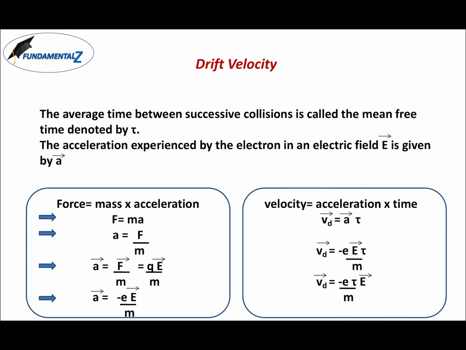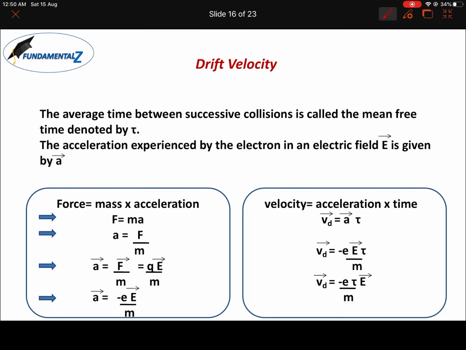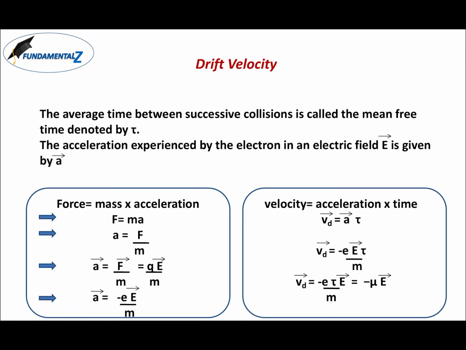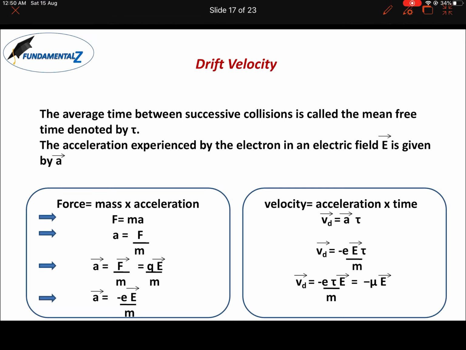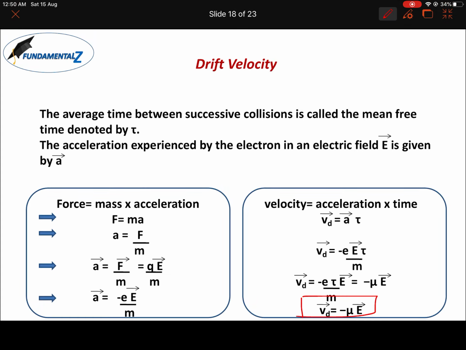Now this e tau divided by m is nothing but mu, which means mobility. So Vd is equal to minus mu into E. So this is my final equation, that is Vd is equal to minus mu into E, which is nothing but my drift velocity.